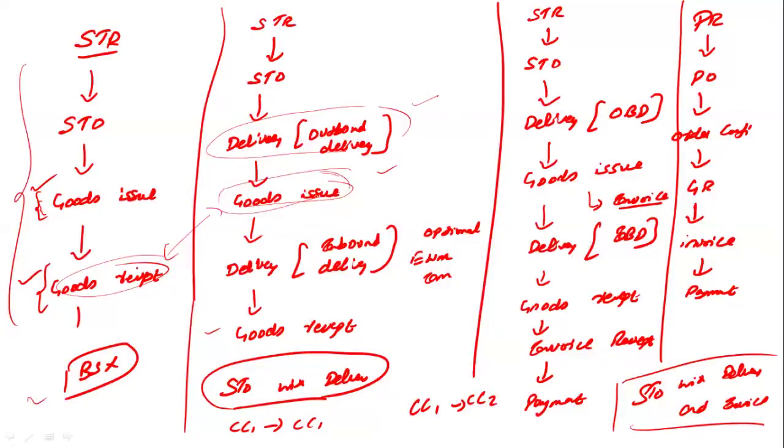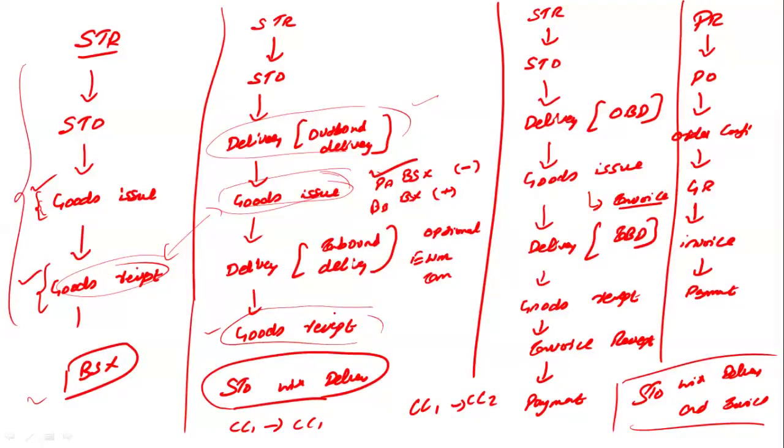Okay, so when you speak of STO with delivery, then the financial posting happens at the level of goods issue. Here you will have BSX with minus, BSX with plus. The only thing is the plant will get changed. Here, plant A, it is minus. In plant B, it is plus. And there are no entries in the goods receipt.